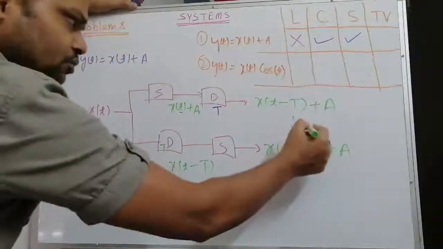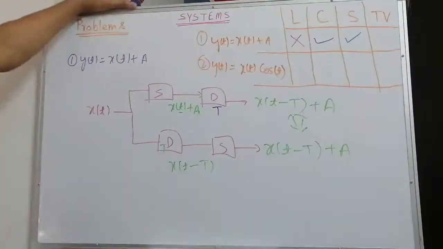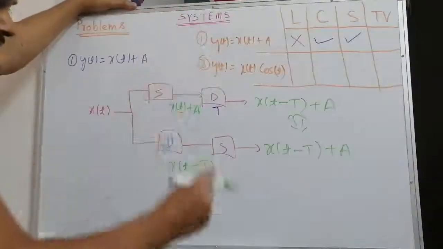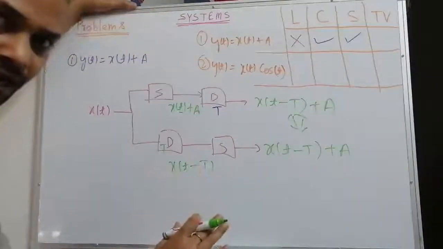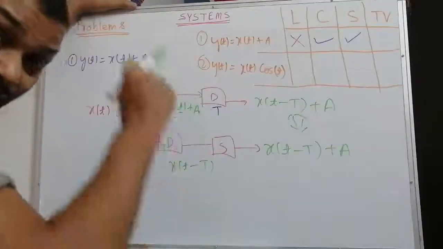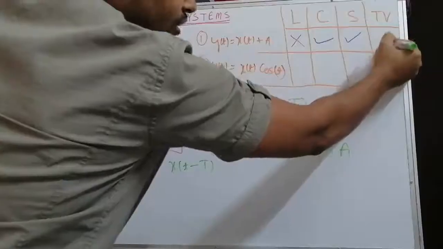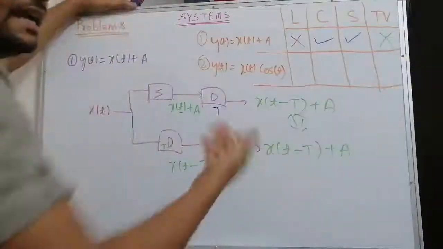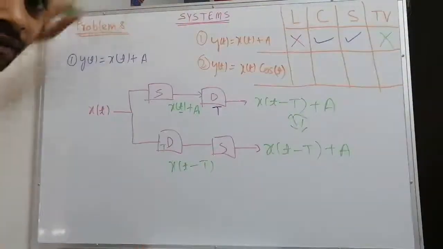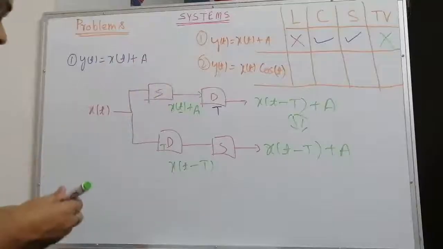If we look, these two outputs are the same. If these two outputs are the same, then the system is time invariant. This is not time variant, this is time invariant.